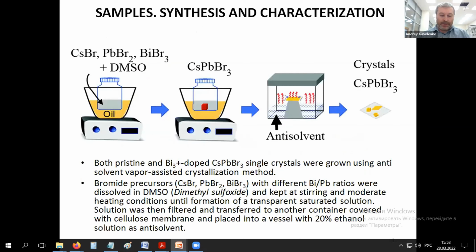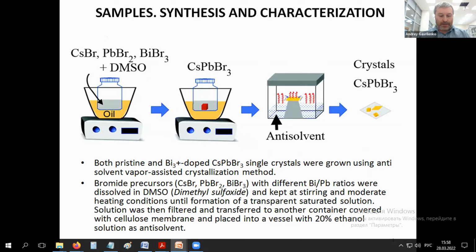Both pristine and bismuth-doped CsPbBr3 single crystals were grown using the anti-solvent vapor-assisted crystallization method.